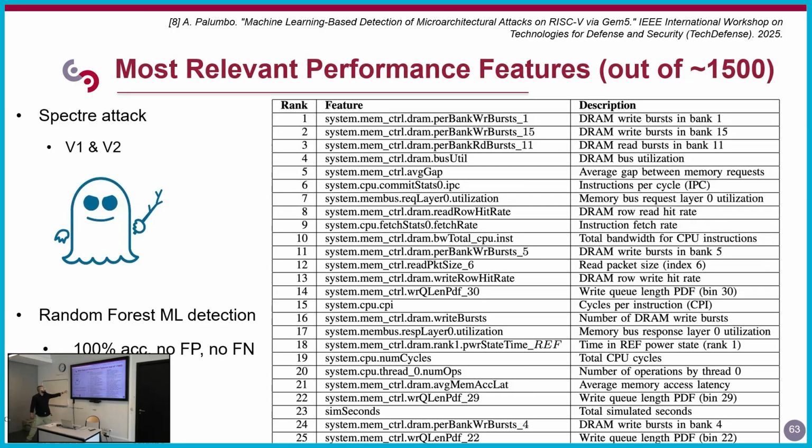This seems maybe too high, but it makes sense, since we are looking at more than 1,500 features, which cannot be feasible in a real system. But looking at those features, all of them are related to the RAM, so we can implement them in the hardware module.